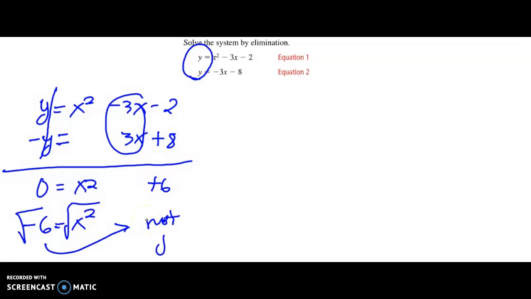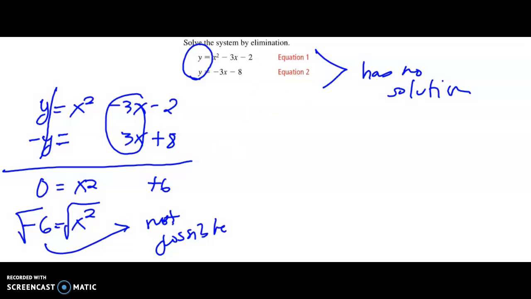Well, at least in algebra 1. So that means this system of equations has no solution. Well, if you double check our answer by graphing, how do their graphs look like?